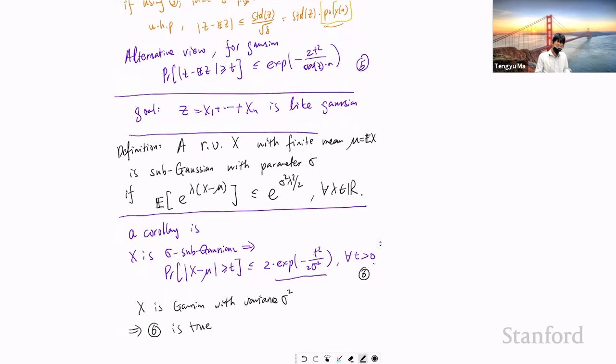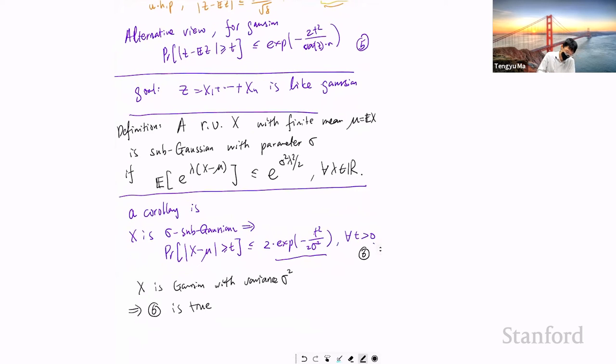If you have a Gaussian with variance sigma square, you do some integral, which is not super trivial, but believe me, 6 is true. So sigma sub-Gaussian says you have the same property as a Gaussian random variable with variance sigma square. Because of this, sigma square in the sub-Gaussian definition is often called the variance proxy.